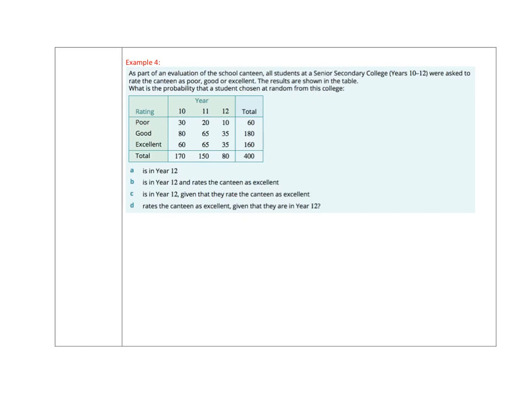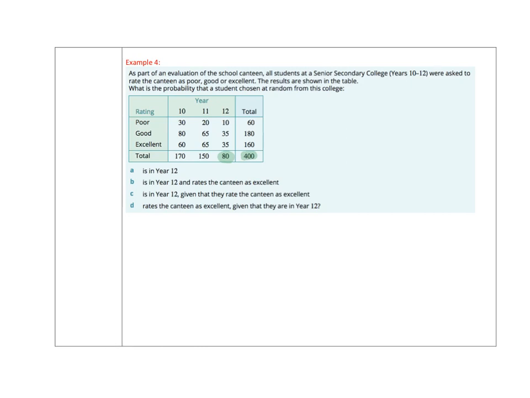What is the probability that a student chosen at random from this college is in year 12? Well, here we're not really worried about two of the events happening, i.e. they're in year 12 and also they rated this one. All we're after is in year 12. So the only thing we have to look at here is that there are 80 students in year 12 and 400 students in total.